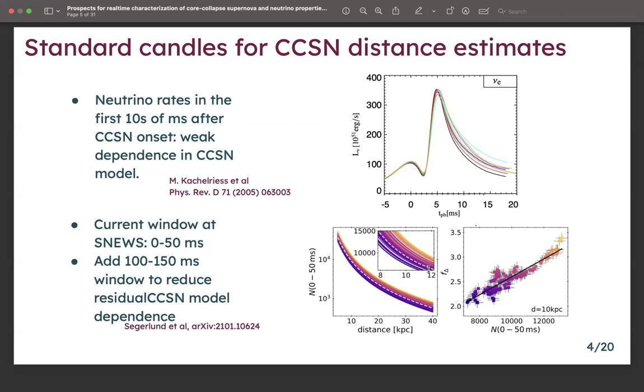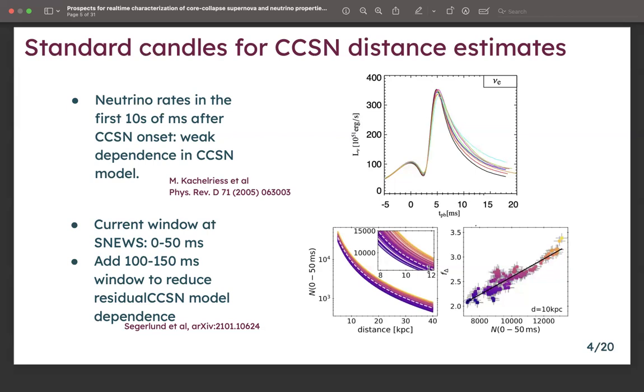As far as I know, the current window at SNEWS includes something a bit more, up to 50 milliseconds. Of course, this is important when we think of detectors that have lower detection rates, but the weak dependence on the CCSN model that we had before is lost a bit with this larger window.